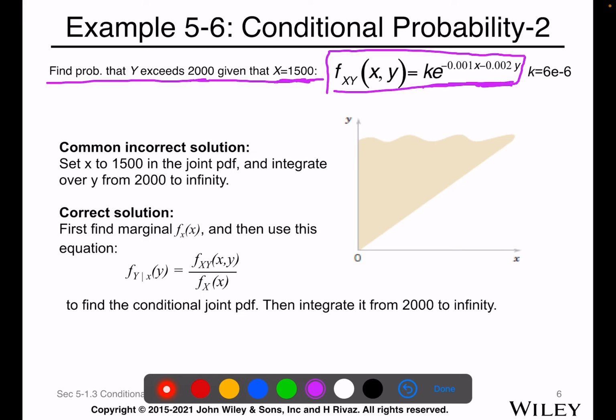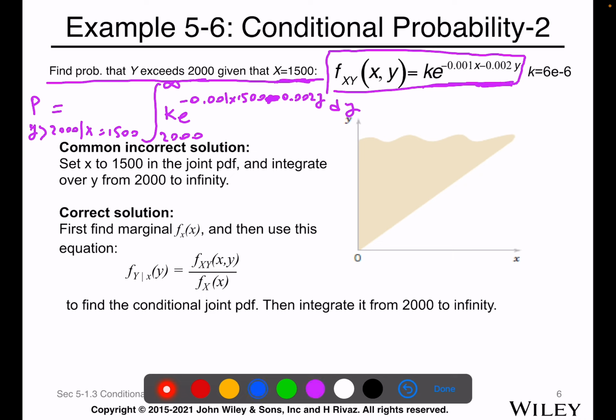The probability of y more than 2,000, given that x is 1,500, is the integral of k e to the minus 0.001 x, and x is 1,500, times 1,500. Actually, one extra zero, so 1,500, minus 0.002y, dy from 2,000 to infinity.